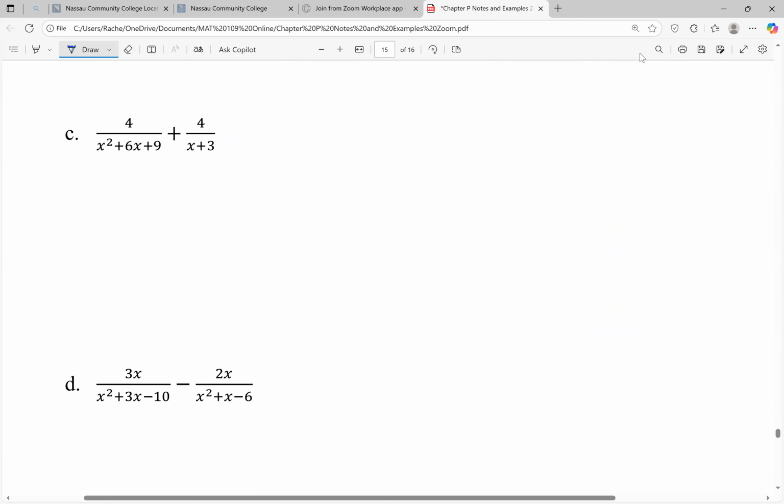We can factor that first. So we're going to have 4 over, now two numbers that multiply to 9 and add to 6 are going to be 3, right? x plus 3 times x plus 3, which I could write as x plus 3 squared. So that's how I could factor x squared plus 6x plus 9. And then we have plus 4 over x plus 3.